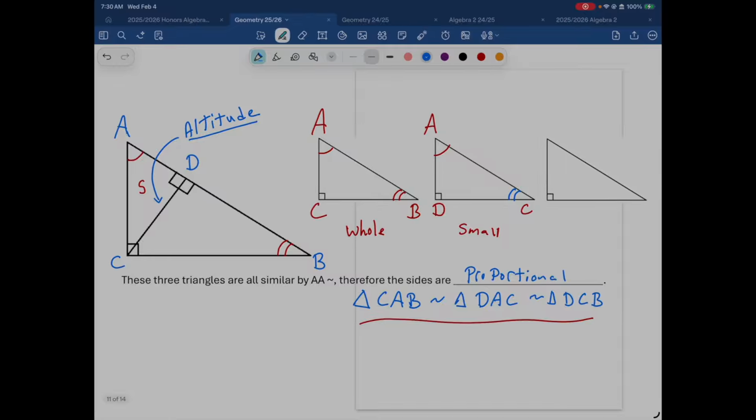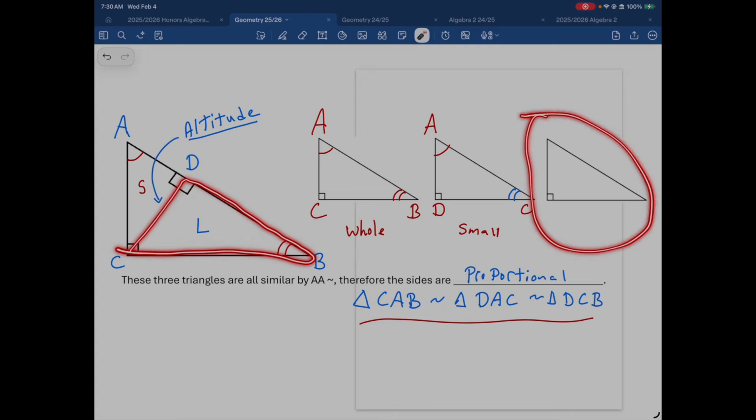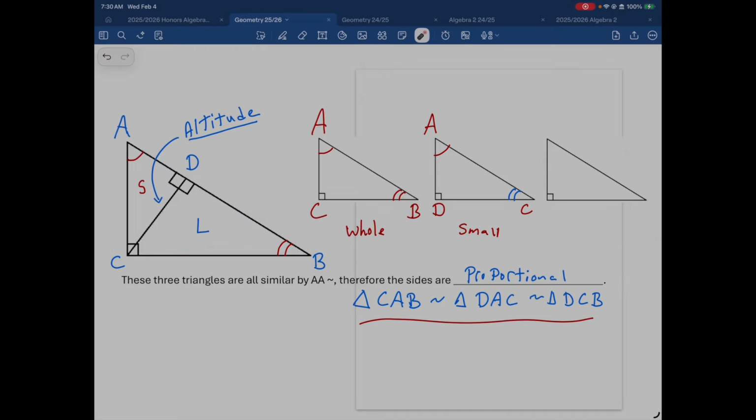So now we've got our third one. The third one we're going to call the large one. Oops, sorry about that. Didn't mean for that to show up. But we have this large triangle. So I'm going to put this L here. This is my large triangle right here. And again, I want to label it over here so I can match it up. And again, as I draw it, I notice I've got my right angle there, and my right angle is angle D. So I'm going to go ahead and put a D right there.